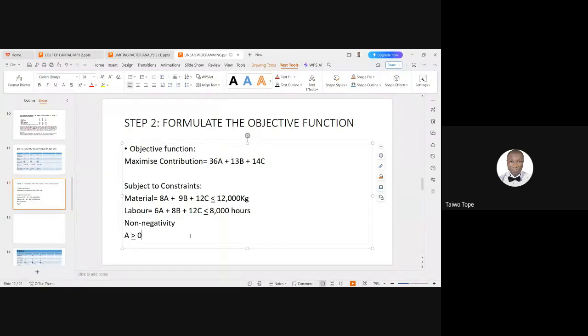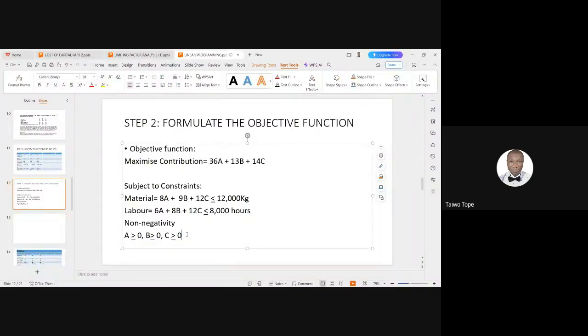And for C, it is also greater than or equal to 0.